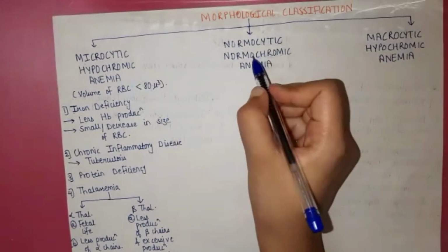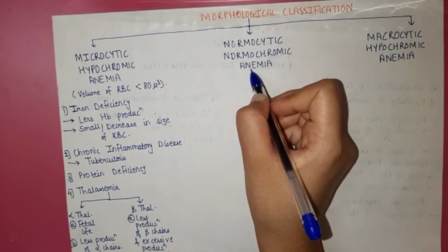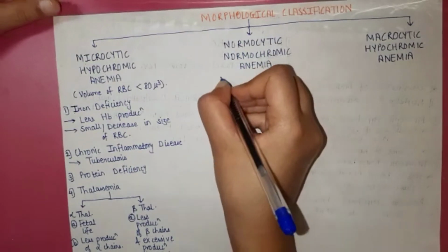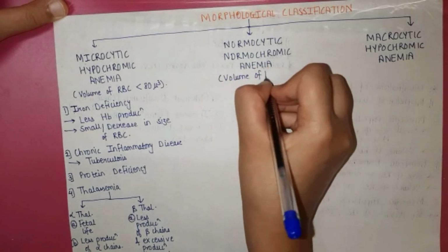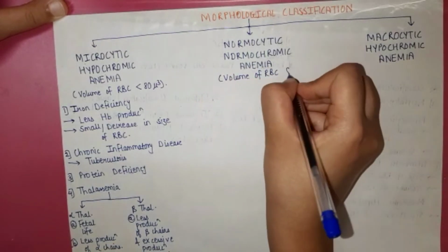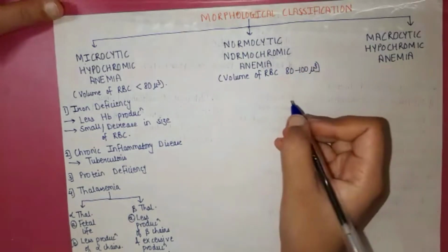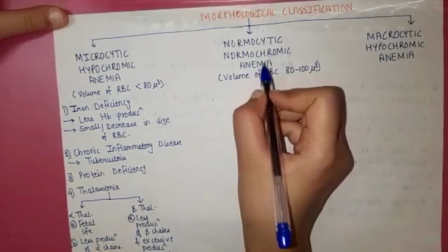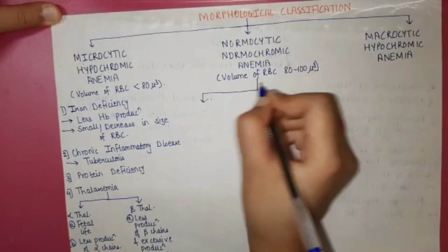Now the second type of classification is normocytic normochromic anemia. So here, as we talked, the volume of RBC is normal, that is in the range of 80 to 100 micron cube. Now normocytic normochromic anemia is subdivided into two types.